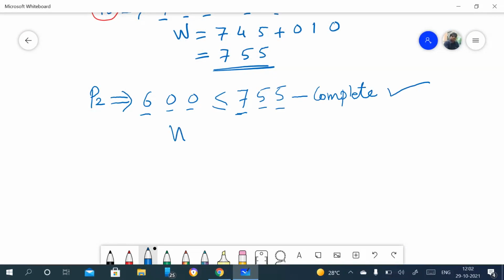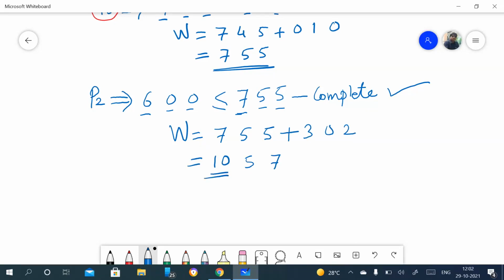And whatever is the total, 7, 5, 5, and the resources that this will release are 3, 0, 2. So this would be what? 7 plus 3 is 10, 5 and 7.